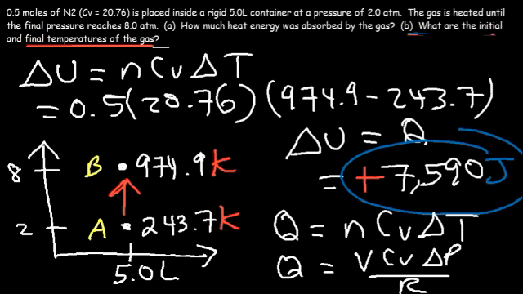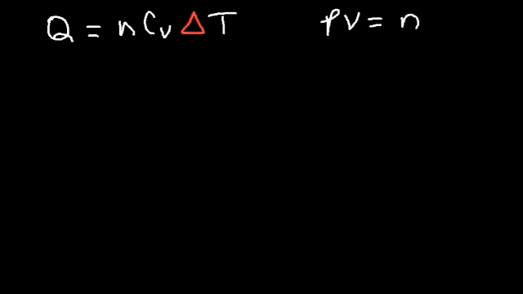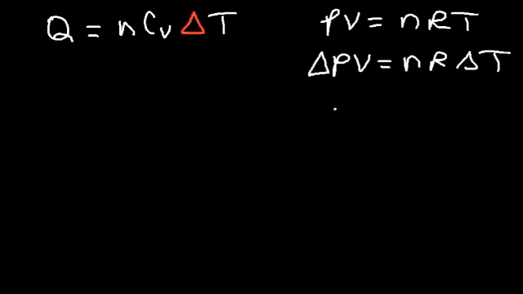But now let's talk about how we can derive that equation, because it really comes from this equation, N CV delta T. Now, using the ideal gas law equation, PV equal nRT, we need to replace delta T with something. Now, in this problem, the volume is constant, so the pressure is changing. So delta P times V is equal to nR delta T. So solving for delta T, it's delta P times V over nR.